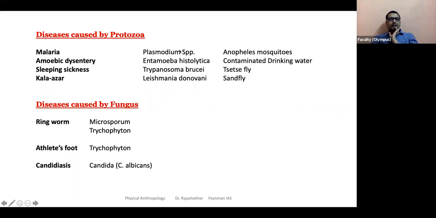The way malaria gets transmitted through Anopheles mosquitoes, sleeping sickness is transmitted not by a mosquito but by a fly. Trypanosoma and tsetse fly share the same first letter, if you want to remember.